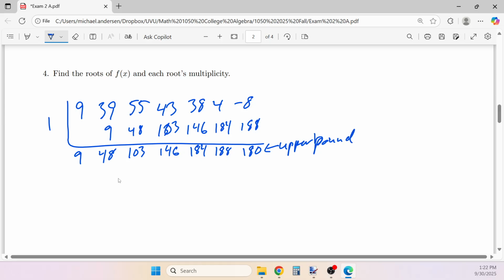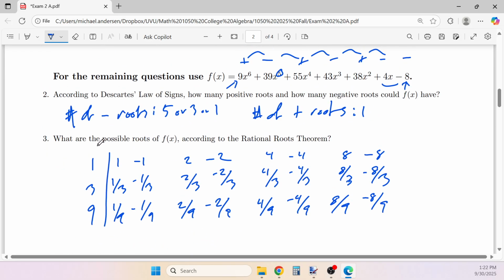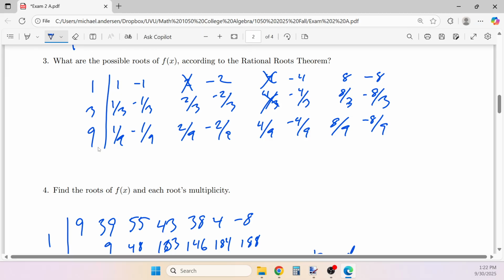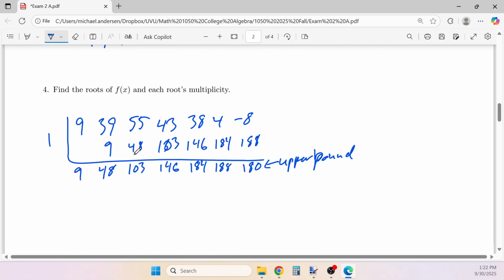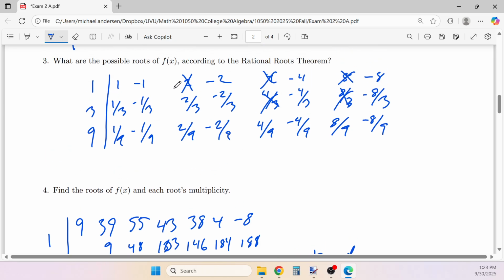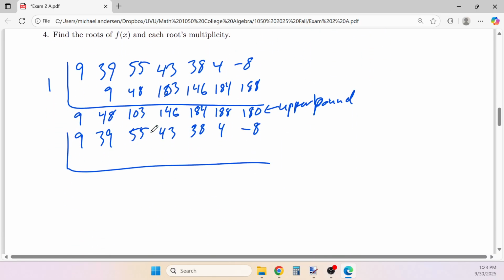That means that everything bigger than 1 is ruled out. Let's go again. 9, 39, 5, 40, 38, 4, and 8. Well, 1 didn't work. I guess we'll try negative 1 next.